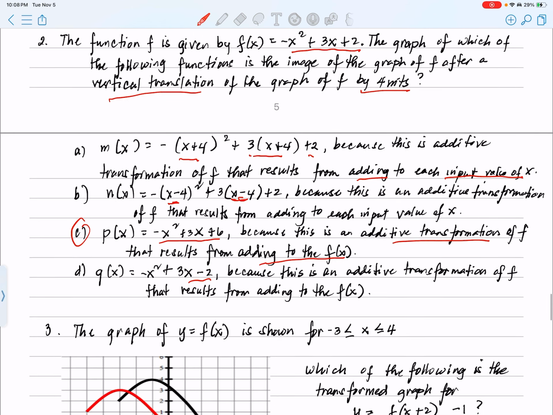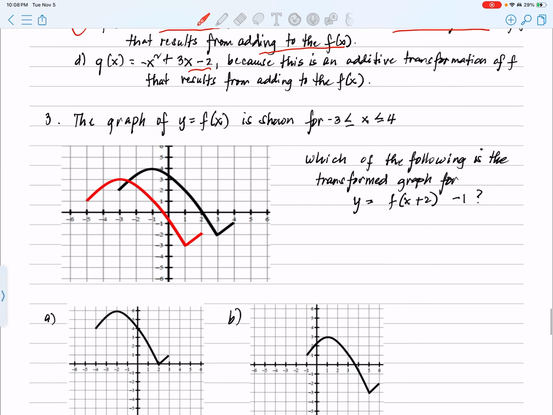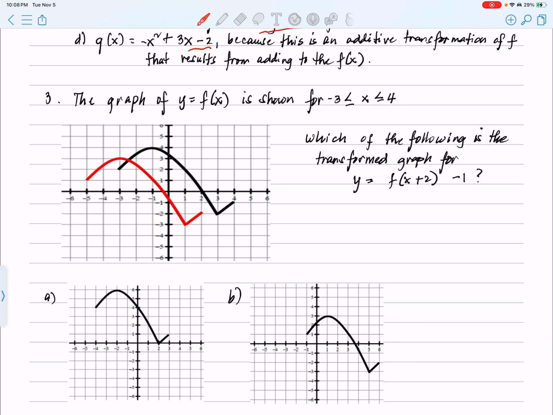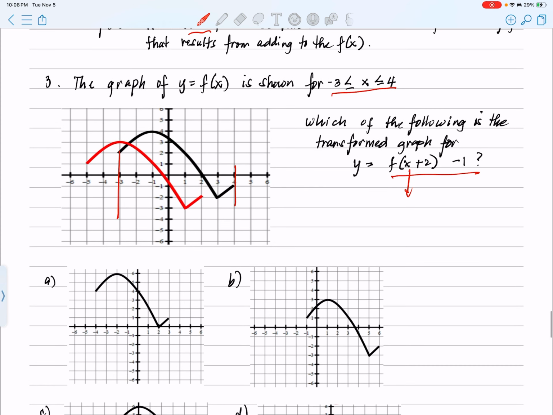The graph of y equals f of x is shown from -3 to 4. This is 4. This is -3 right here. That is where the graph is. Which of the following is transformed? Let's do the inside. The horizontal transformation. So that's plus.